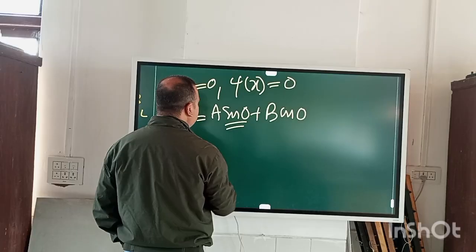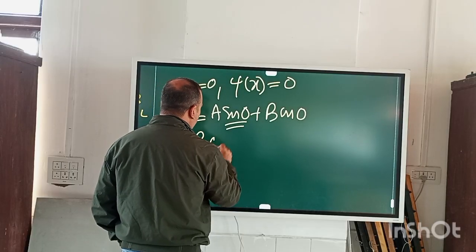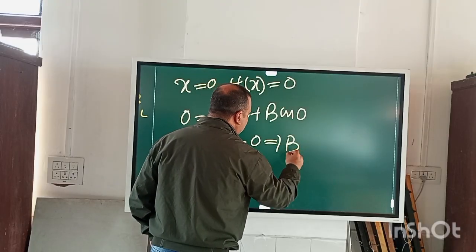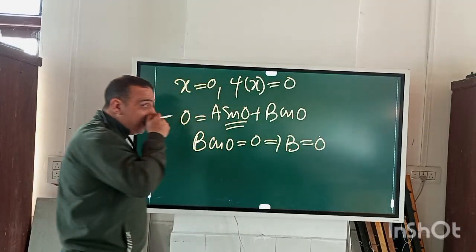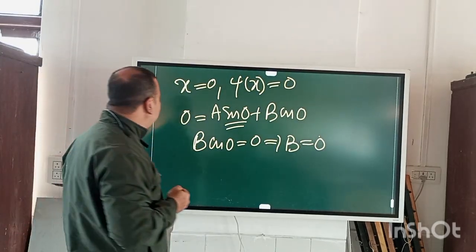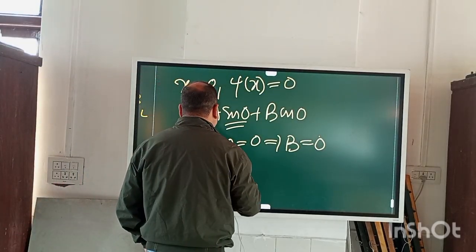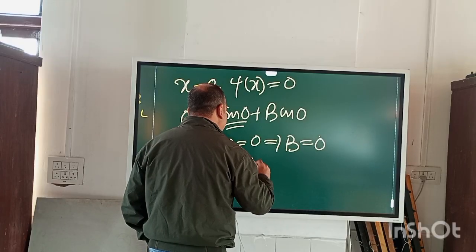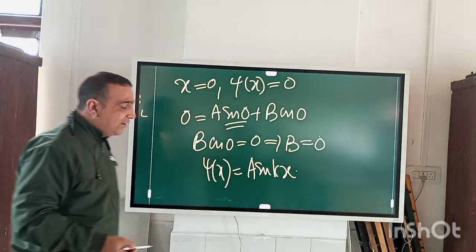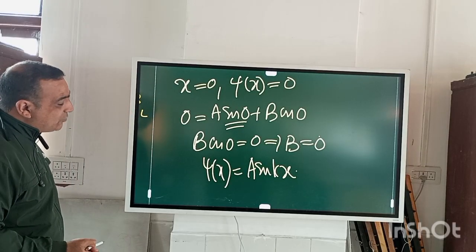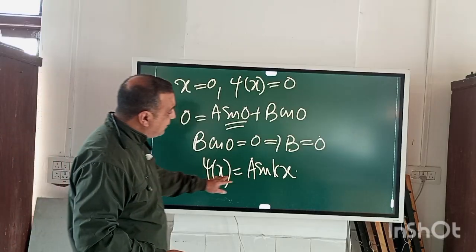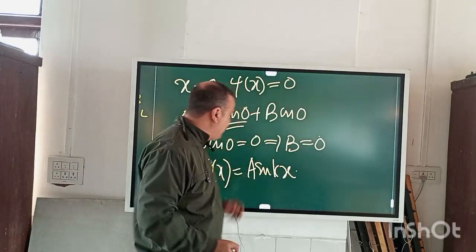But sine 0 is 0, so b cos 0 will be equal to 0, so b will be equal to 0. So the solution that we proposed will boil down to psi of x is a sine kx. Because the next term that we presumed does not have any physical implications in our problem, because using the boundary condition, that term has gone equal to 0.